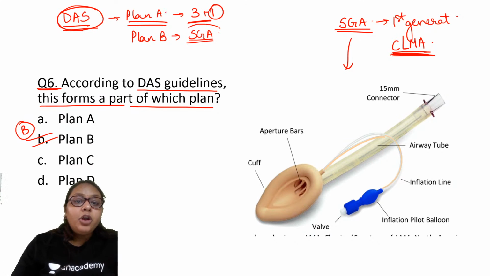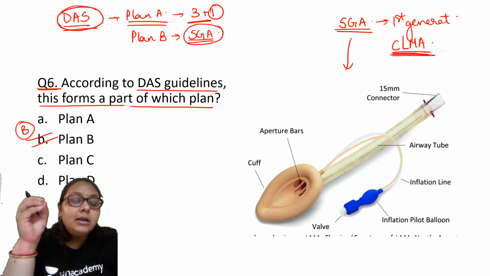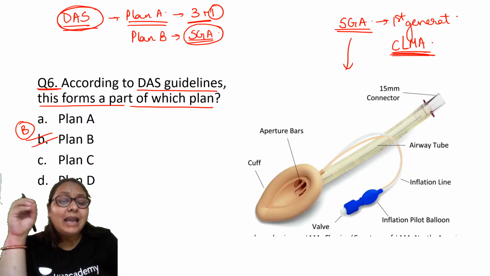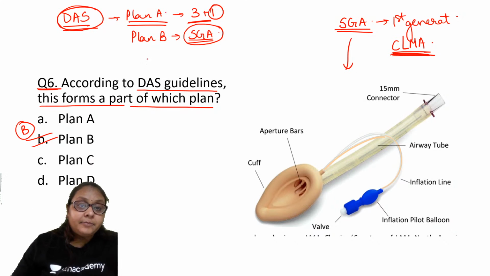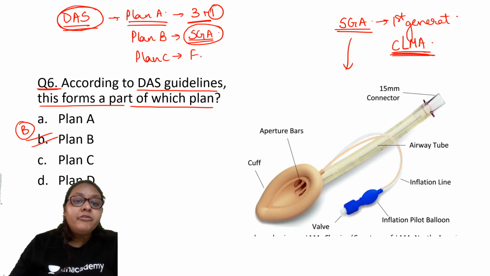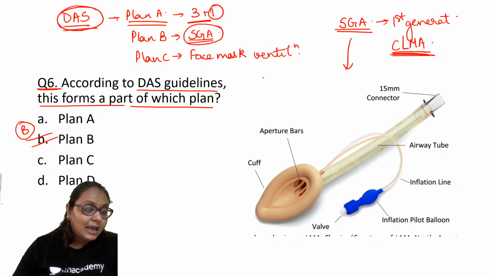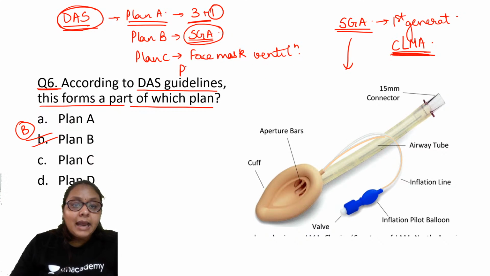Okay? If you are not able to insert the supraglottic airway device and ventilate the patient, then go to plan C. That is just face mask ventilation. What is plan D?